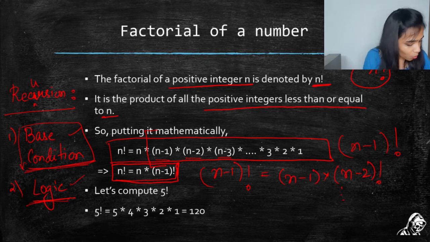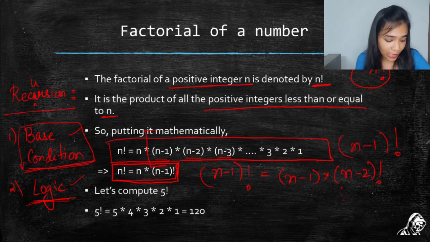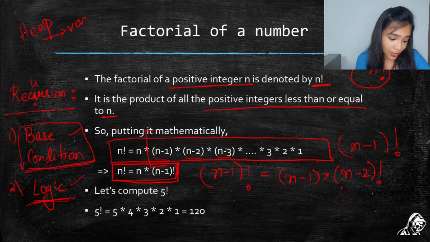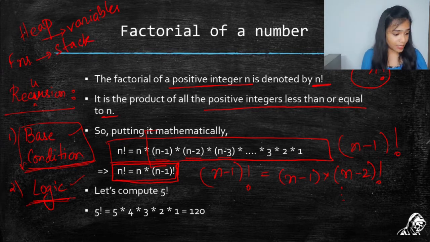All right, so now let's see how the factorial of a number is going to be calculated in the computer memory. You all might be aware that we have heap memory for storing all the variables, right? But when we come to calling functions, then we use the stack. So let's find out how that happens.